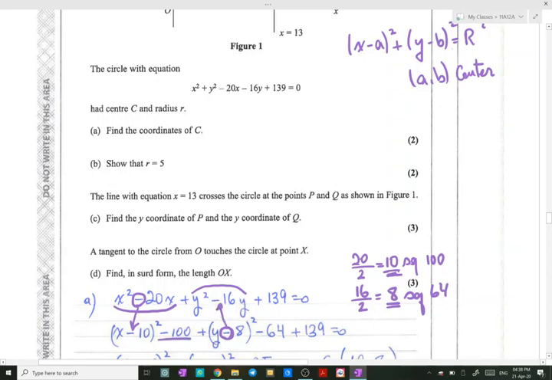Now you can see here that we have subtracted these two numbers, and these two numbers represent the square of 10 and the square of 8.